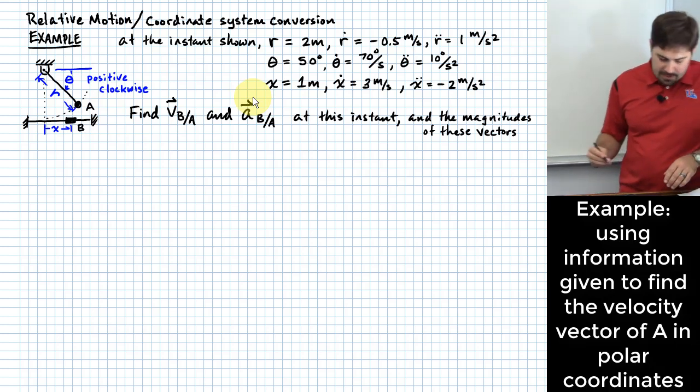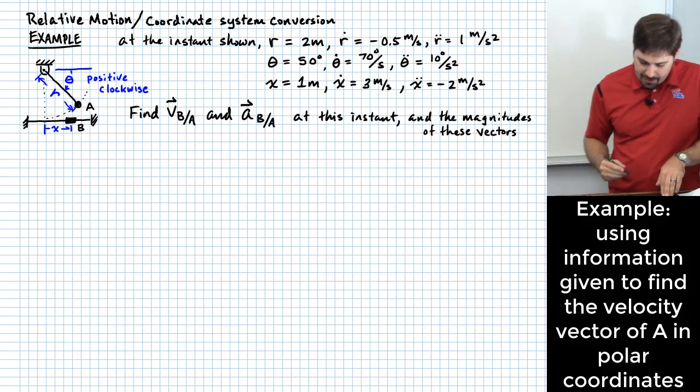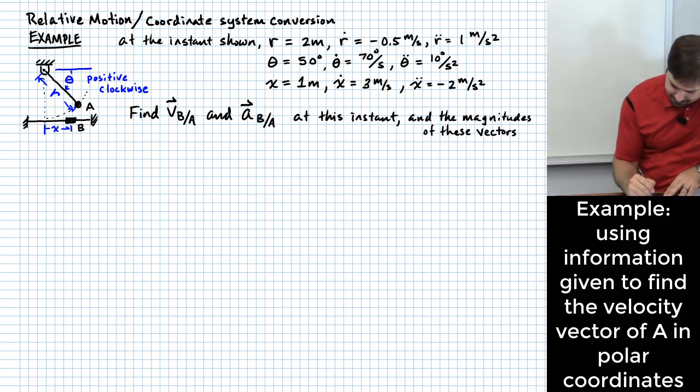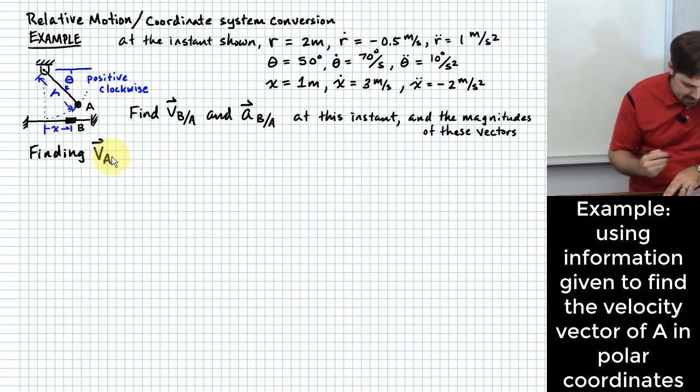So the first thing we need to do for this is to find the velocity of particle A. We do have a little bit of help with this.